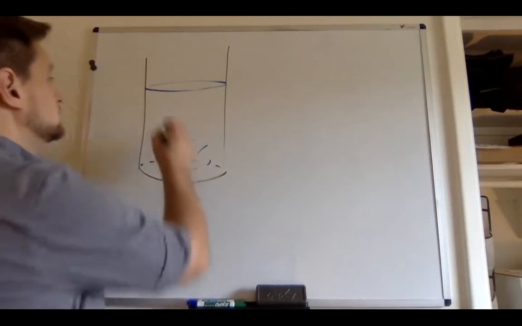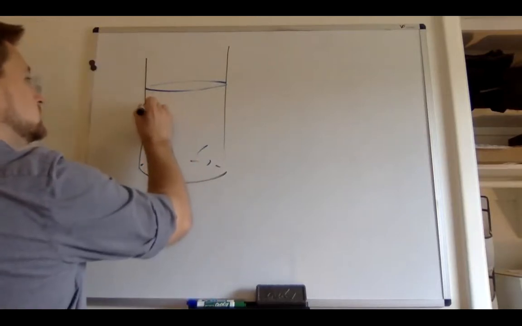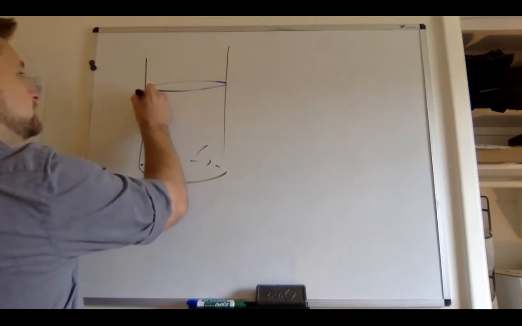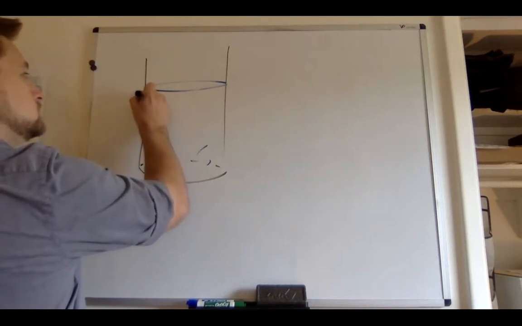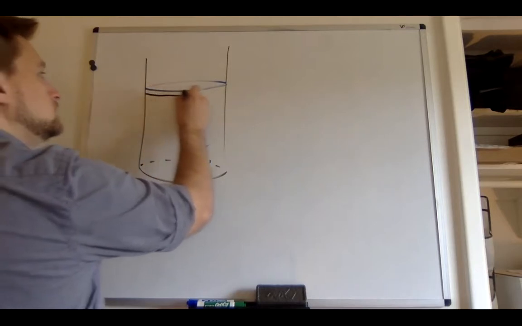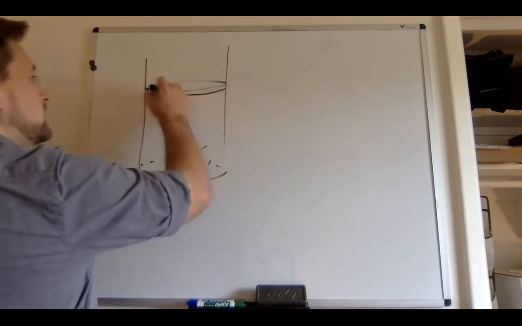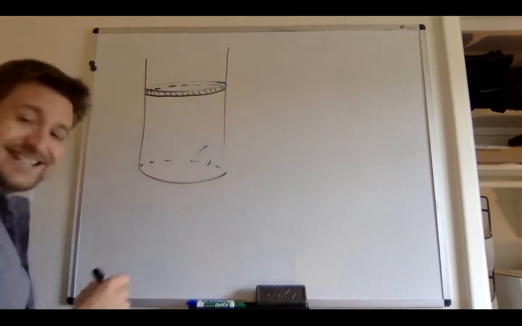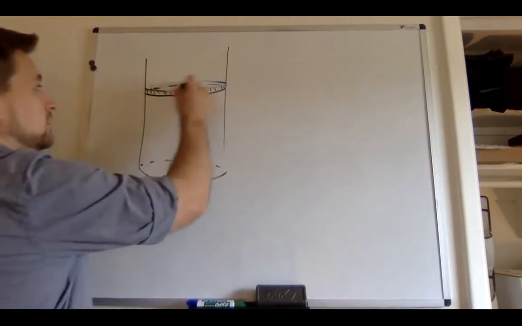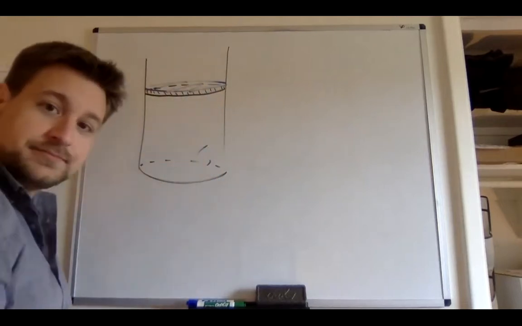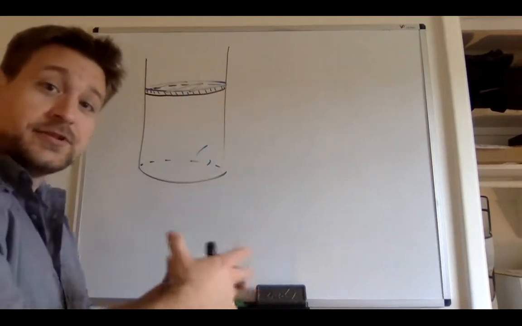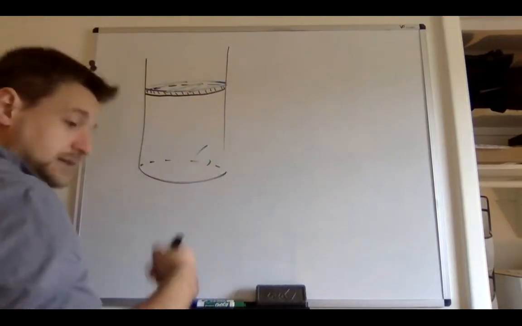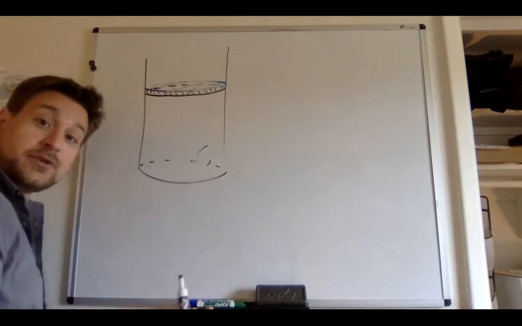Let's talk about this very small disk of fluid at the top. At the top of the stack of fluid, there's a disk that has some area and some thickness. It has some volume.